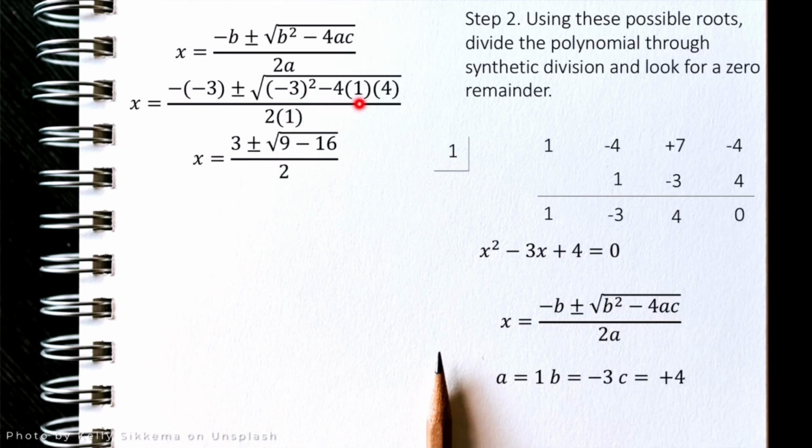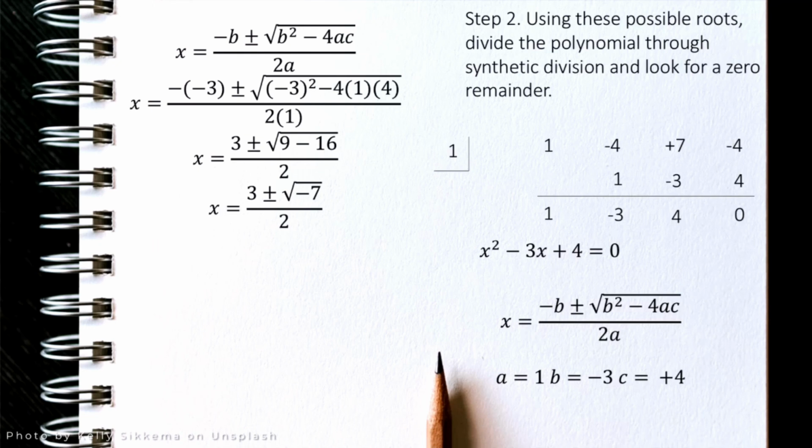Negative 4 times 1 is negative 4. Negative 4 times 4 is negative 16. And then 2 times 1 is 2. Then, simplify again. That is 9 minus 16 is negative 7.